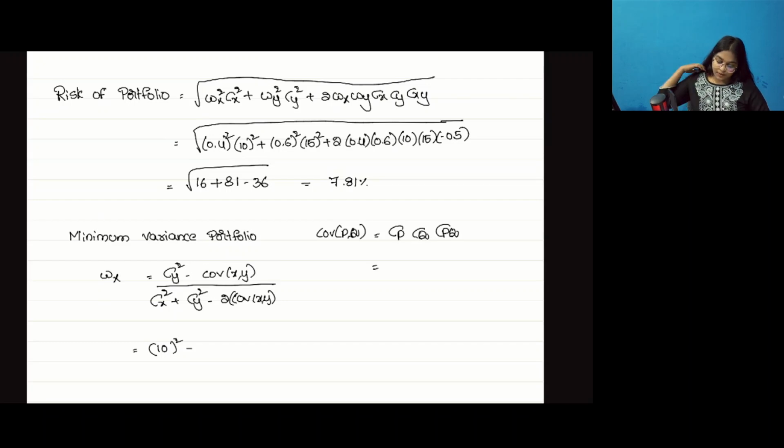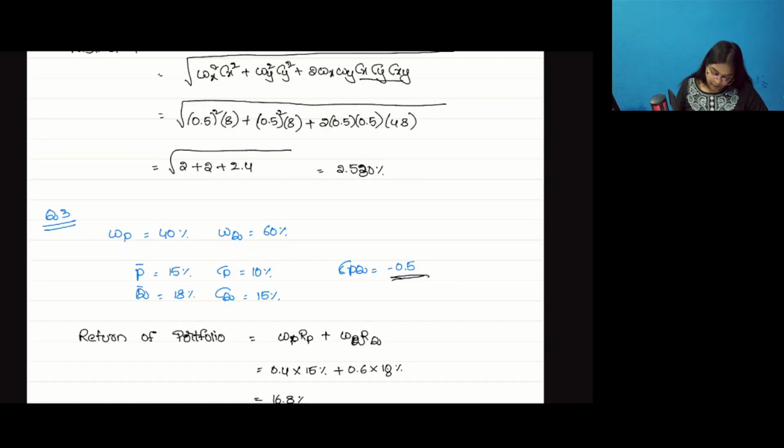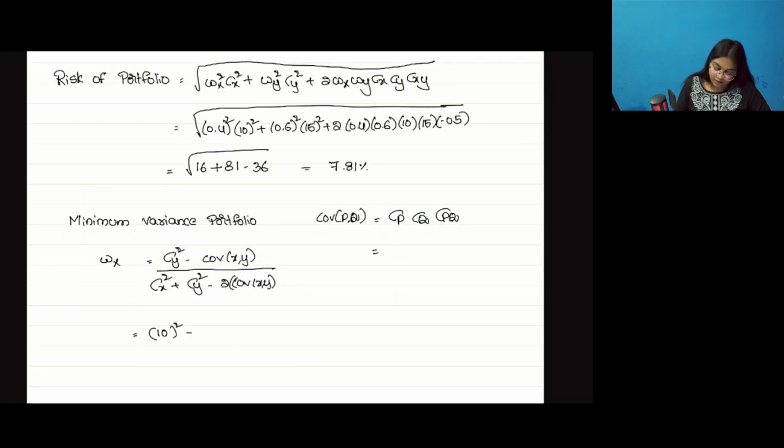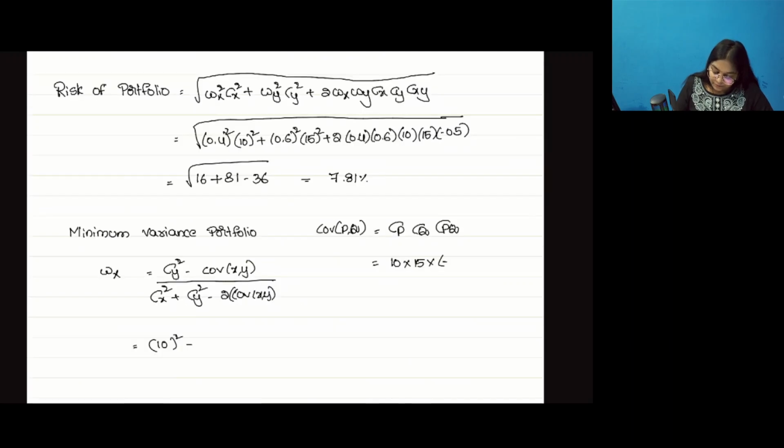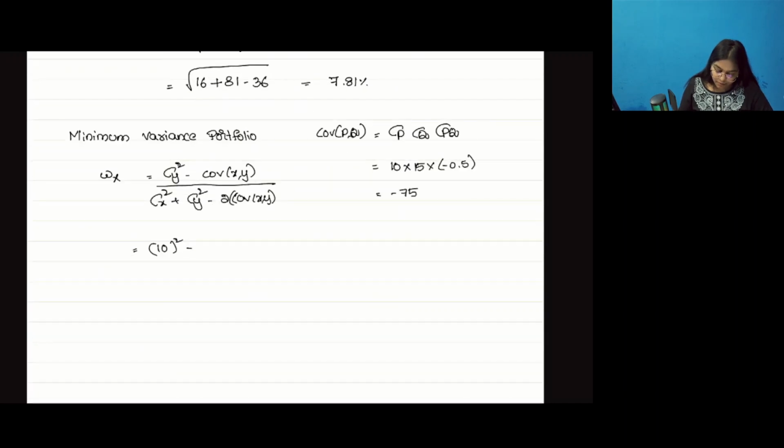So sigma p is 10, sigma q equals 15, so 10 into 15 into rho pq, which is minus 0.5, that is 10 into 15 into 0.5, minus 75. So here covariance of x comma y will be minus 75, divided by sigma x square, 10 whole square.